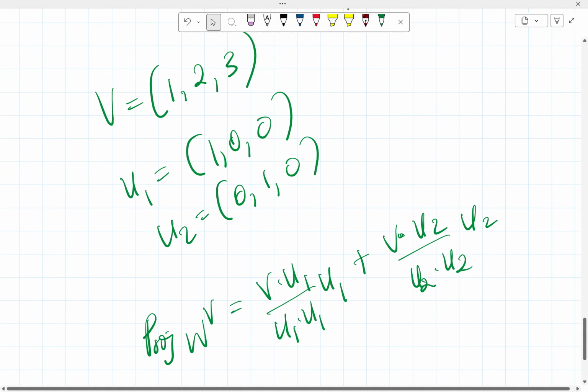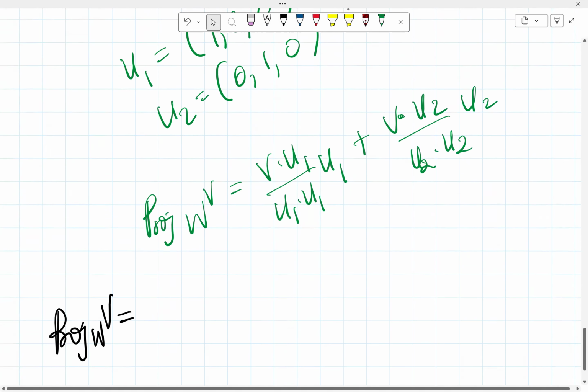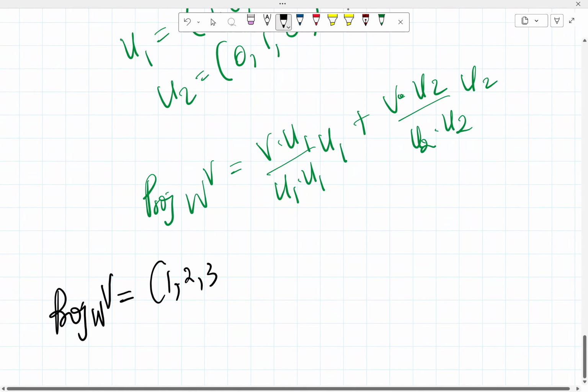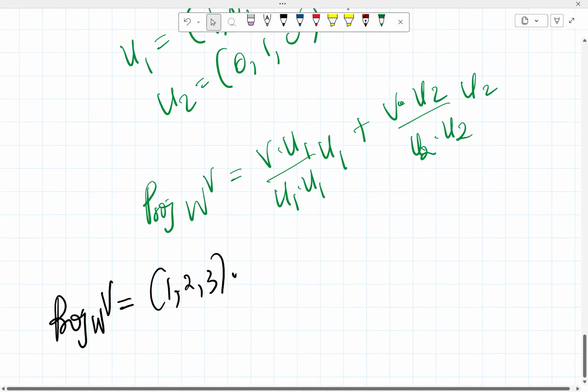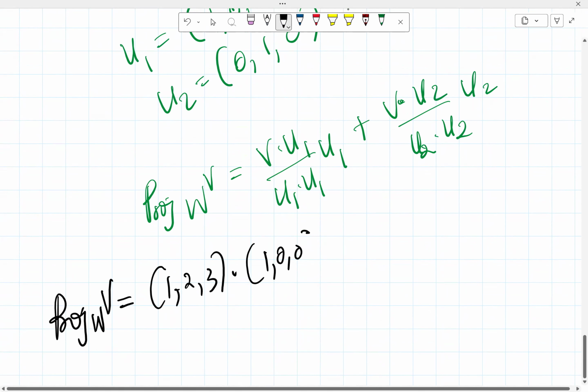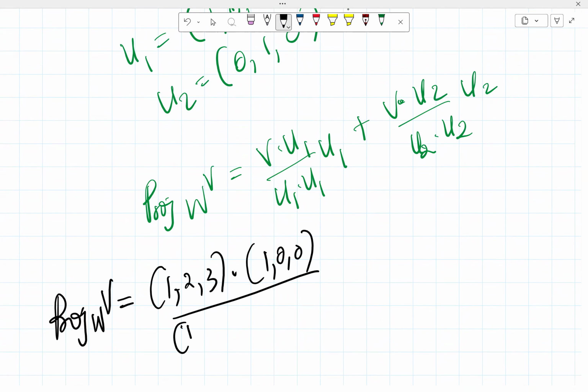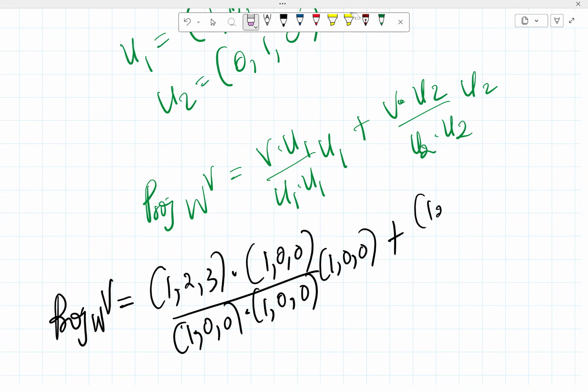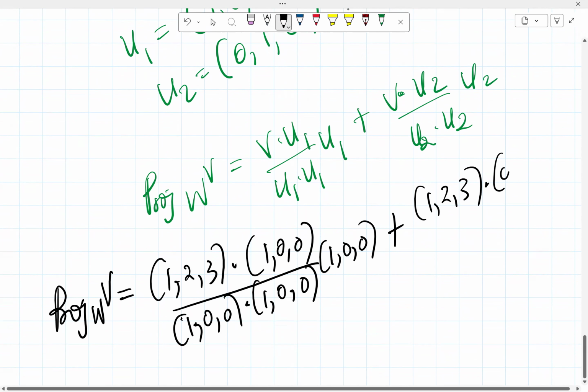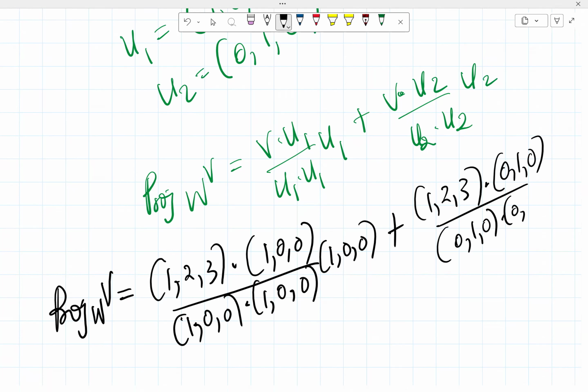V dot u1, that is (1, 2, 3) dot u1, where u1 is (1, 0, 0), all over u1 dot u1, that's (1, 0, 0) dot (1, 0, 0), multiplied by (1, 0, 0), plus v again, (1, 2, 3), dot u2, (0, 1, 0), all over (0, 1, 0) dot (0, 1, 0), multiplied by (0, 1, 0).